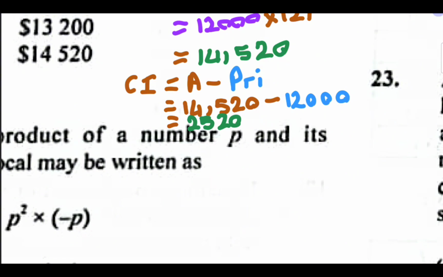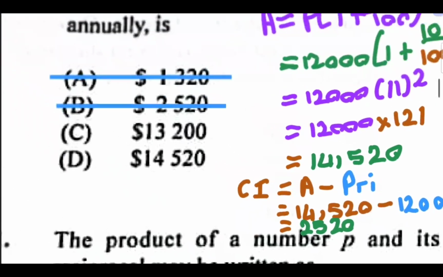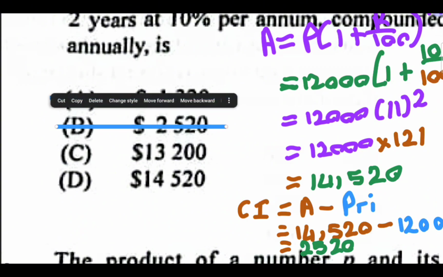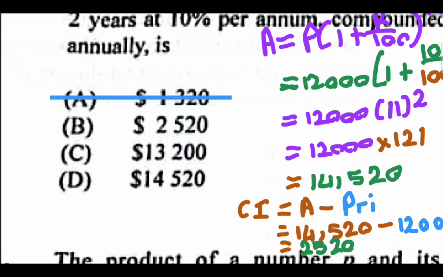The difference between these two would give you a compound interest of 2,520. So therefore, the answer is in fact option B.